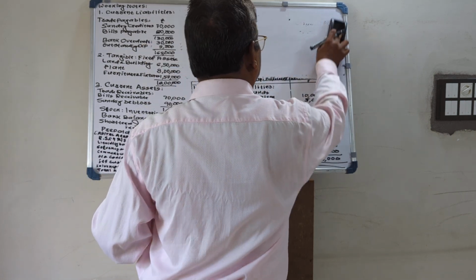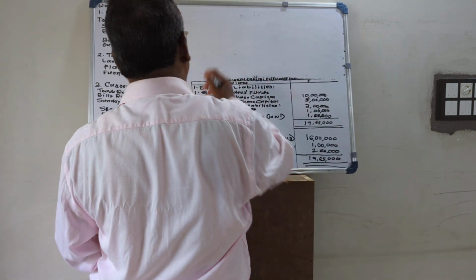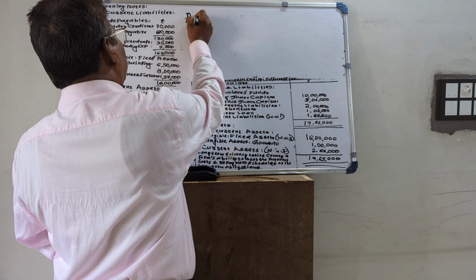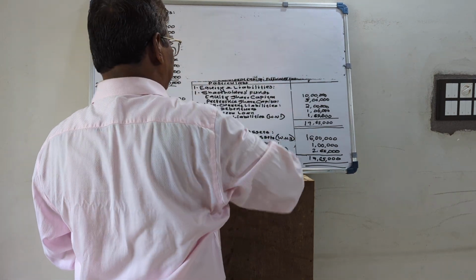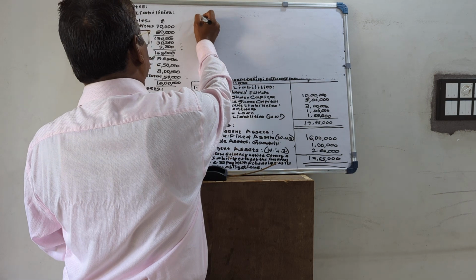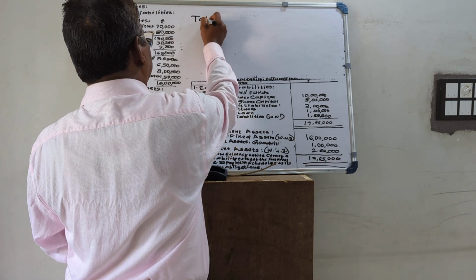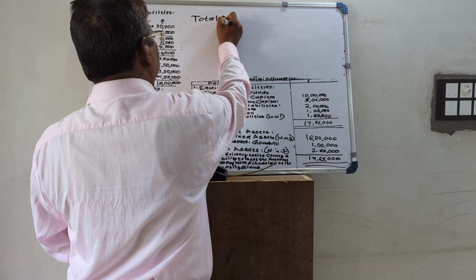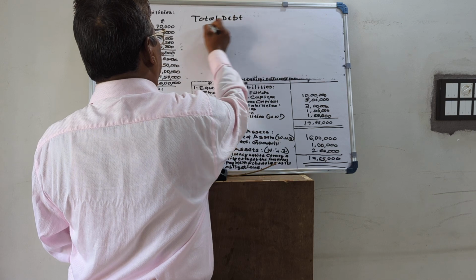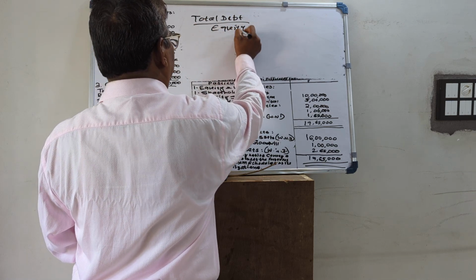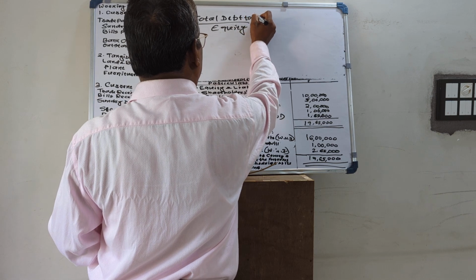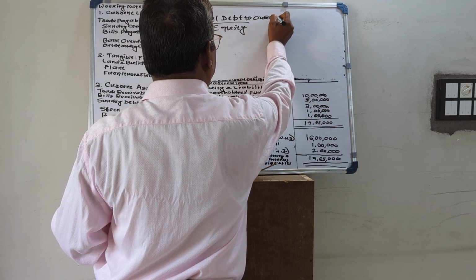Then comes the proprietary ratio. Another debt equity ratio is total debt divided by equity, that is the total debt to outsiders divided by equity.